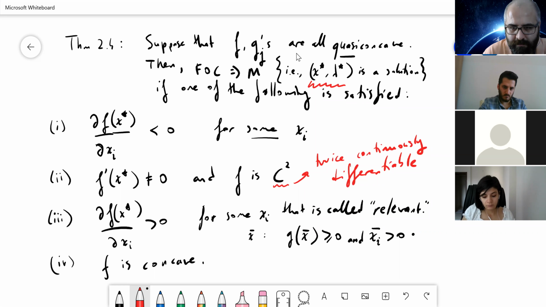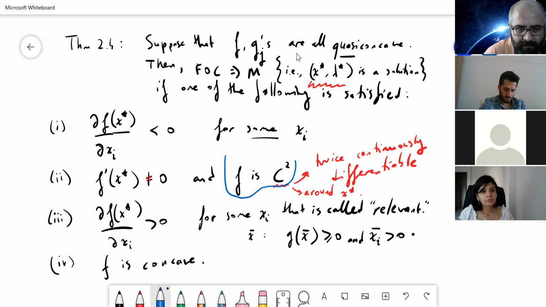Or, around X star, the derivative of the objective function is different than 0, and F is twice continuously differentiable. And this is almost always satisfied in economic problems. And this depends on, of course, lambda as well, and G prime X as well.